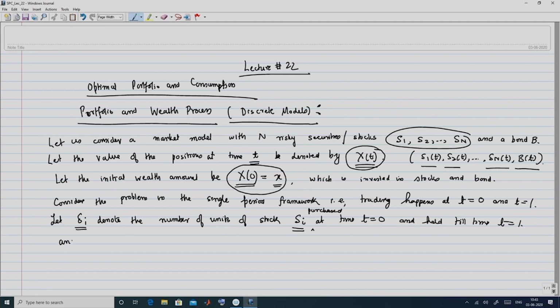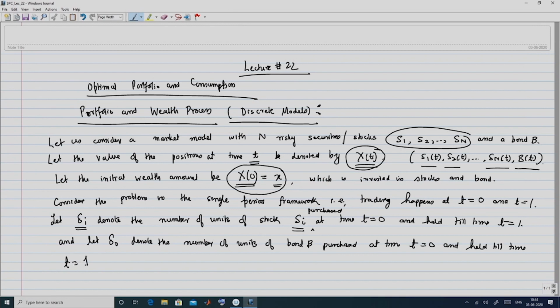And let delta naught denote the number of units of bond B purchased at time t equal to 0 and held till time t equal to 1.